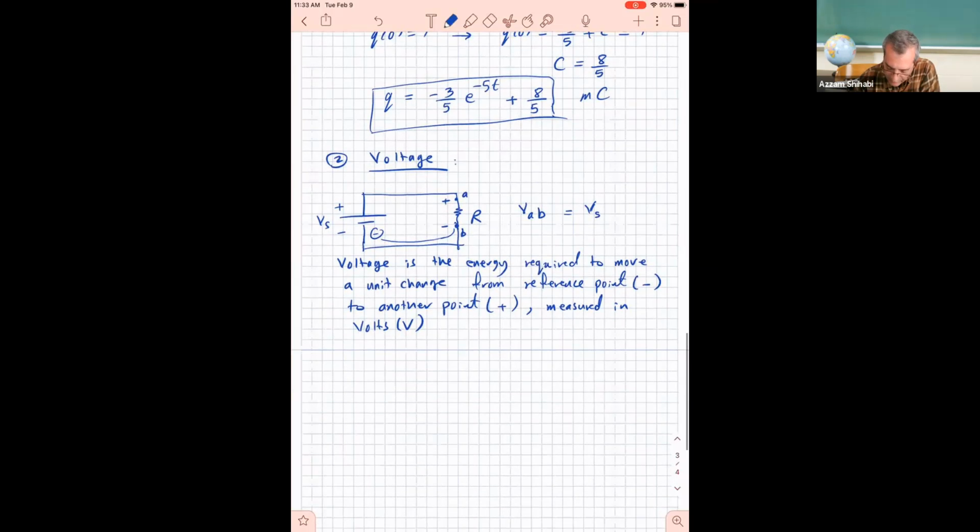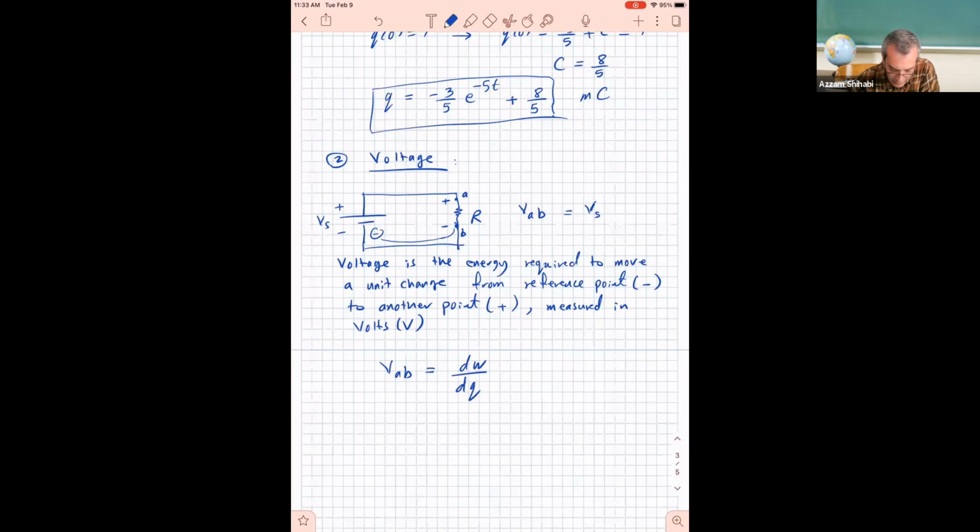So again, the definition, VAB, the voltage developed across the circuit element, VAB, A and B are the terminals of the element, is always equal to dW over dQ. All right, the amount of energy divided by the charge moving through this element.